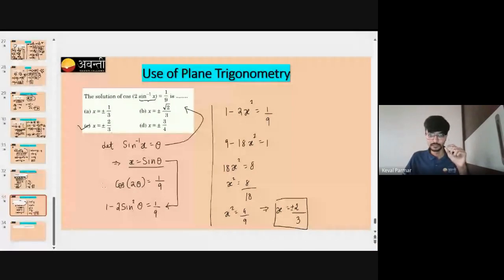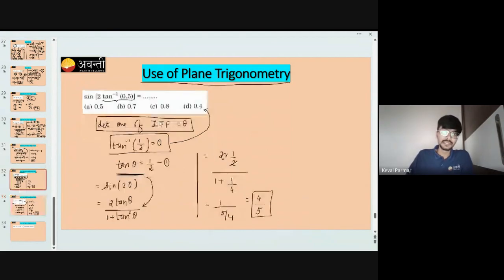Okay, we'll go through the question one more time. Inverse trigonometry suggests that we use plane trigonometry. How to use plane trigonometry?